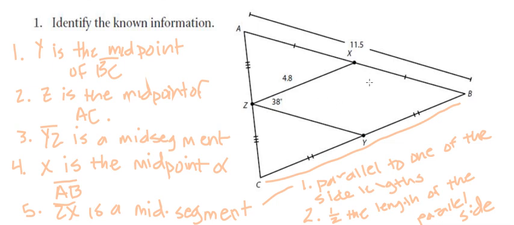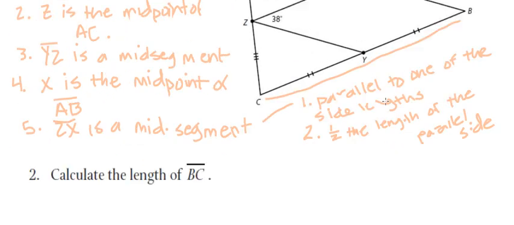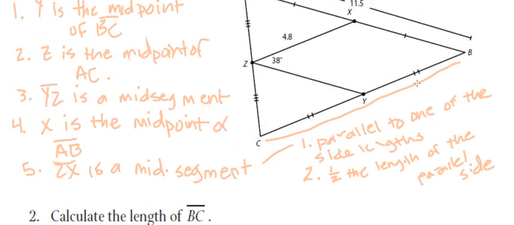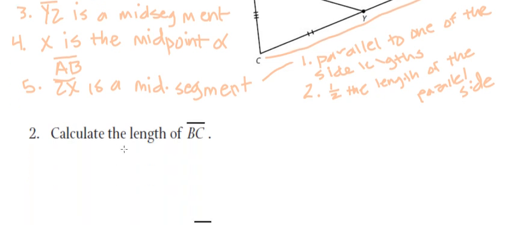So let's go ahead and solve this problem out. It's asking me to calculate the length of BC. Well, I know that BC is going to be twice the distance of ZX. So if I take 2 multiplied by the length of XZ or ZX, doesn't matter how you say it, that's going to be equal to the length of BC.